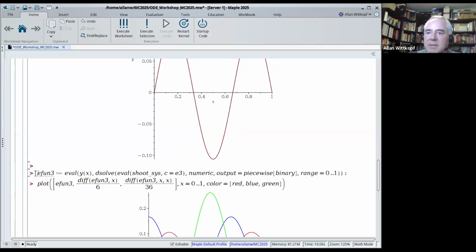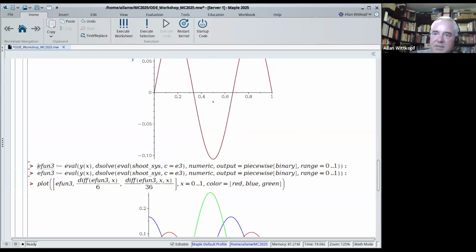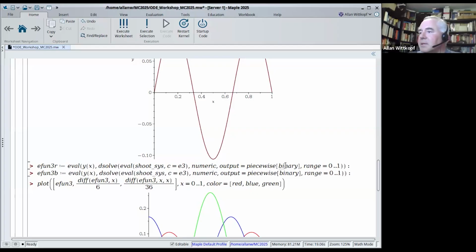Very hard to come up with a timing on the fly, but we'll give it a whirl. Okay, so let's see. Let's create any fun. Okay, no worries. I'll call this eFun R and B, and we'll make the regular one not binary.